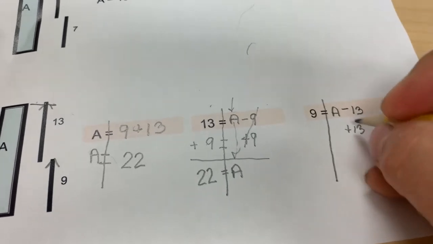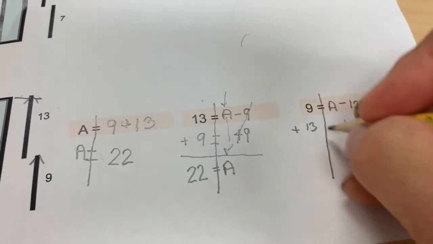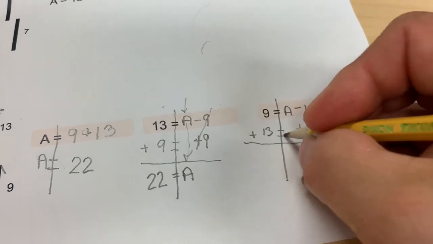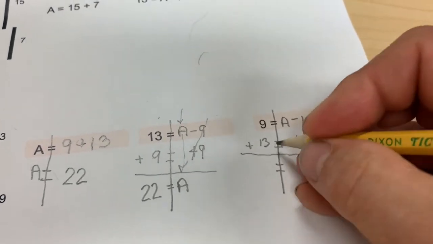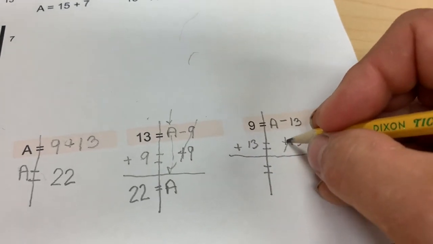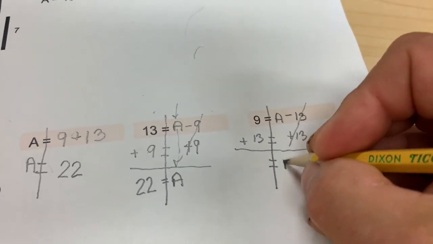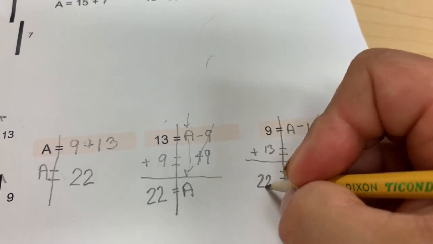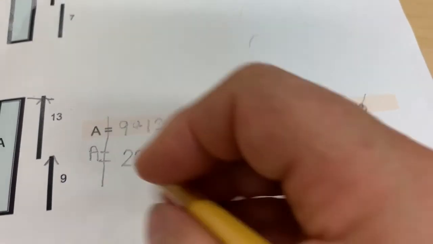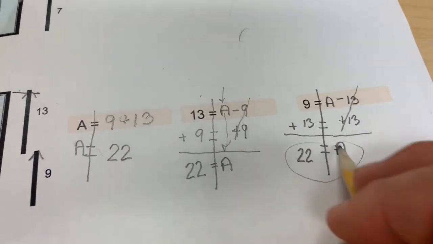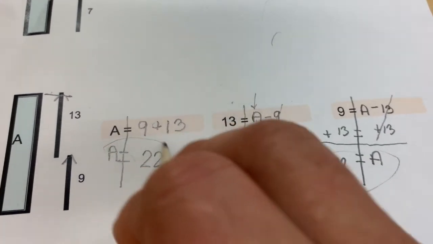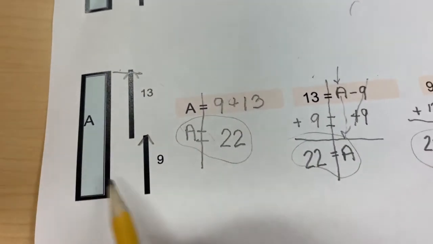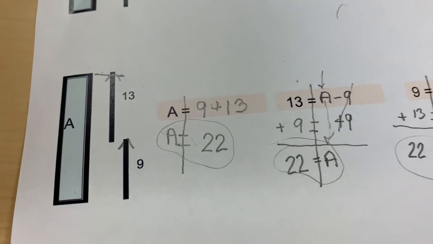Let's add 13 to both sides. Did I do the same thing to both sides? Yeah. So what's going to be left? A is equal to 22. A foregone conclusion. Looks like we have this correct because we have the same value for all the stuff. So 3 different equations based on the same diagram that's going to keep it all locked together.